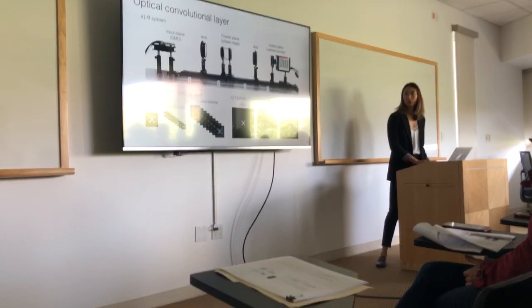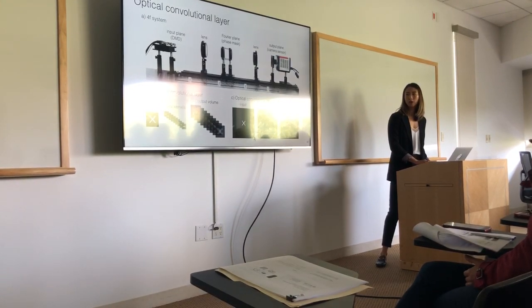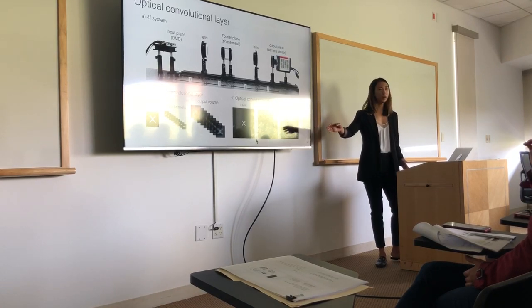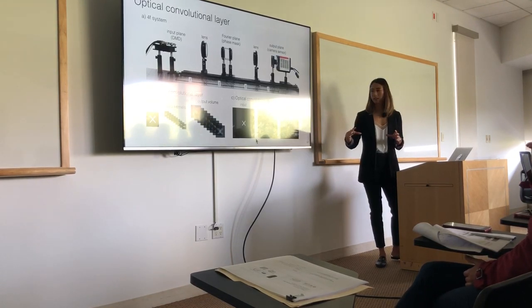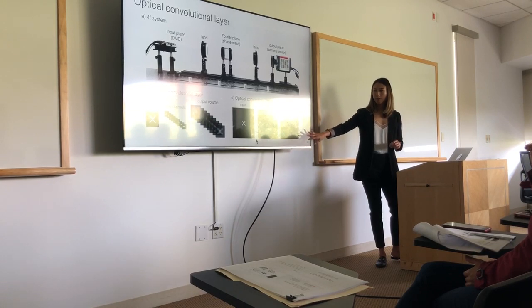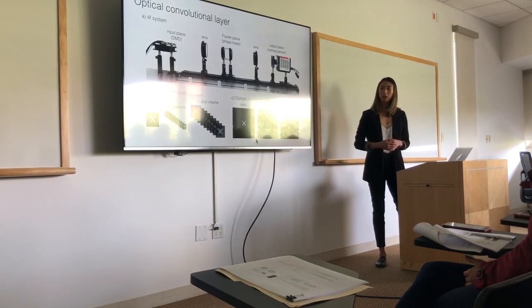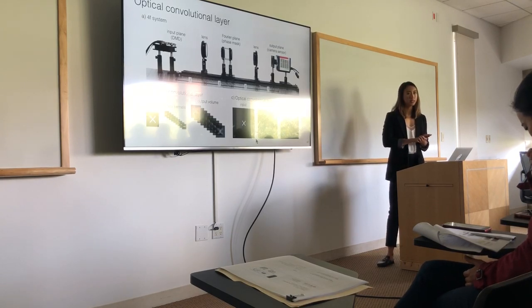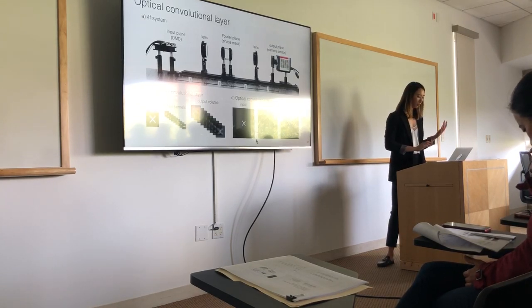With our optical convolutional layer, we're going to instead tile these kernels in a 2D array, and then the output will be the convolution of the input with this entire larger PSF. So ideally, we have the same information here as we do in the output volume on the left, and that would allow us to fully replace the standard convolutional layer.